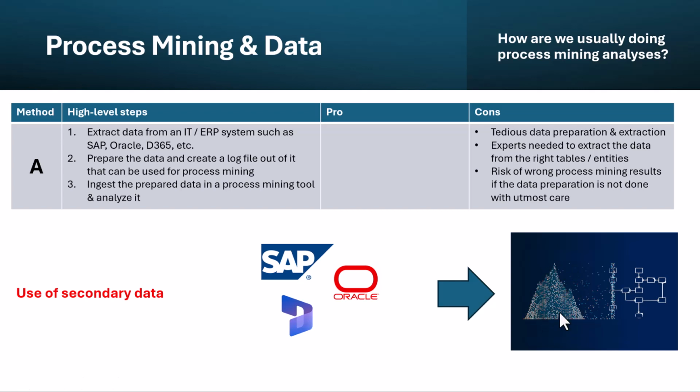And then you try to prepare it in a way that you can run a process mining analysis on this data. The problem with that is you use secondary data because the data is already there. It's just distributed in different tables. And to prepare it, it's really a tedious task. You need to prepare the data. You need experts to explain what's going on. Maybe you have some missing data and you have to fill the gaps and so on. So that's the first method that we have.